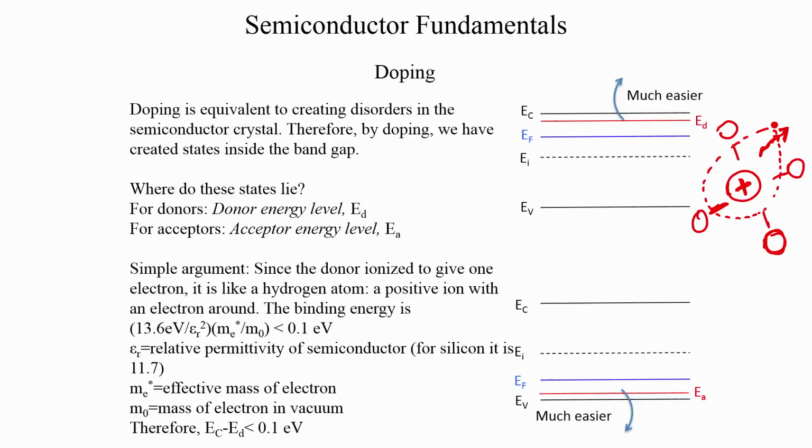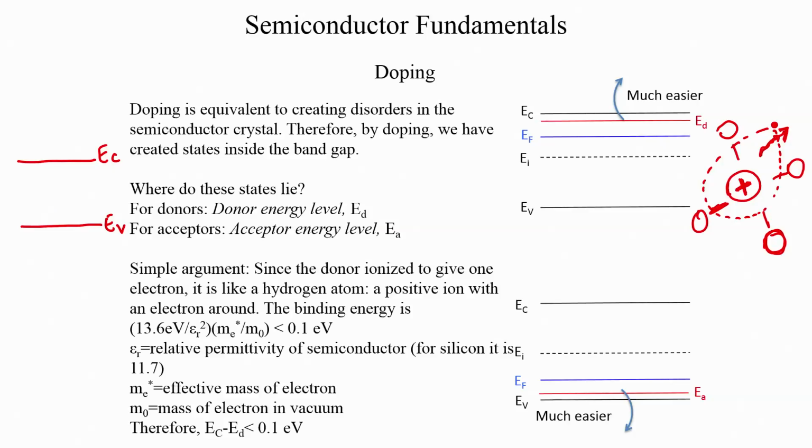So what does that mean? In a pure crystalline silicon lattice, you have your valence band edge and your conduction band edge, and if your crystalline lattice is perfect, with no defects and no impurities, then you do not have any states in the band gap.